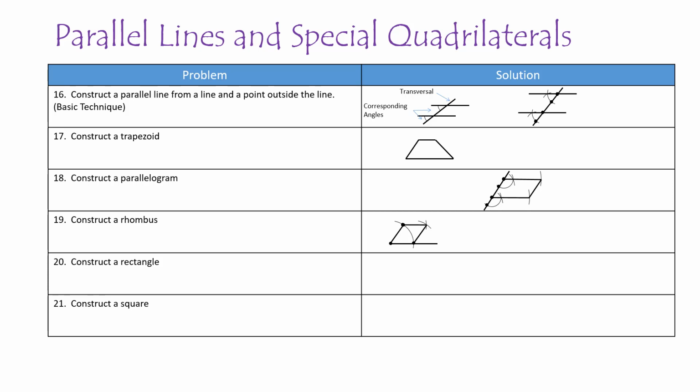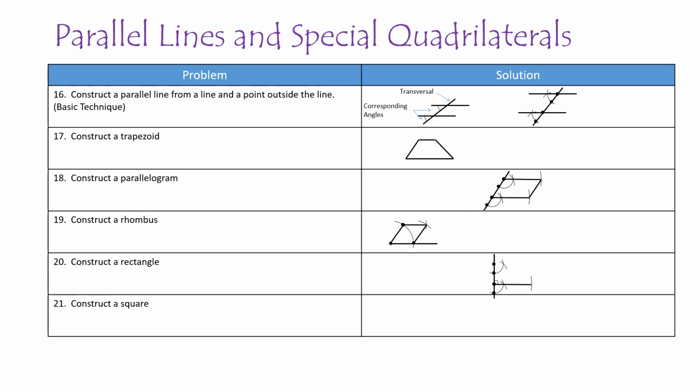Now the rectangle, you do exactly the same thing as you do for a parallelogram, except you have to start with a 90-degree angle. So you draw a perpendicular line using the technique we described, and then you figure out where you want the other side of the rectangle, and then you copy the angle and make a parallel line, just like we did on a parallelogram.